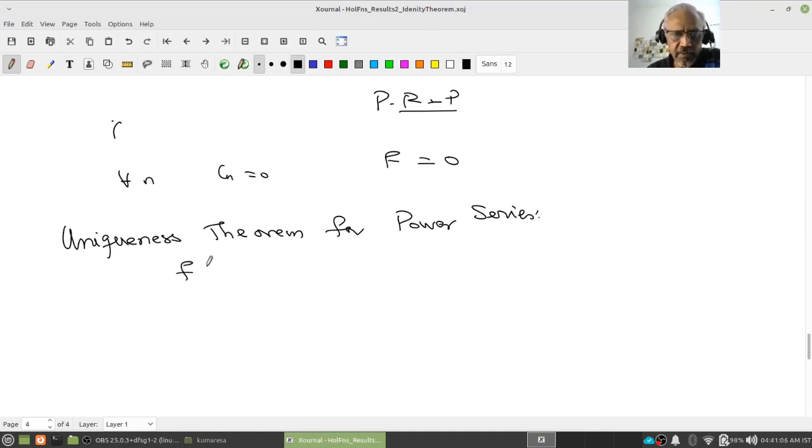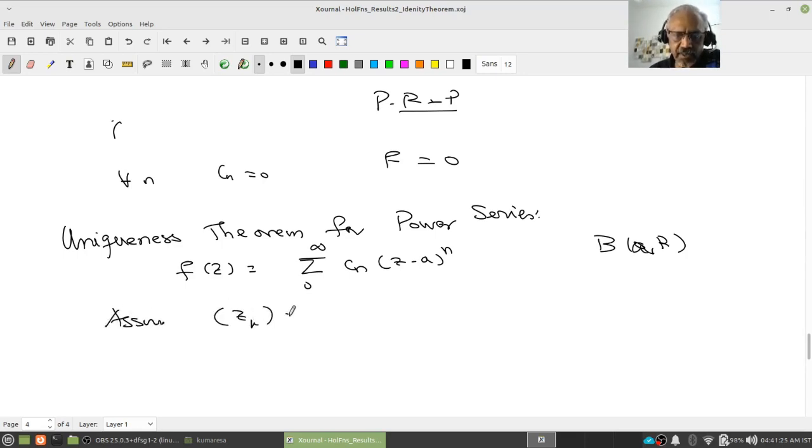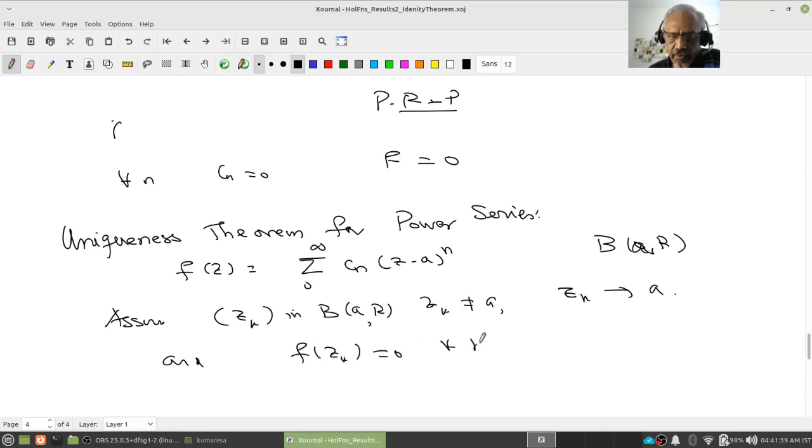So what does it say? Let f of z be a power series, the sum of Cn (z minus a) to the power n, n equal to 0 to infinity, with a disk of convergence B(a, R). Assume that there is a sequence zk in B(a, R) so that zk is different from a and zk converges to a, and f of zk is 0 for all k.